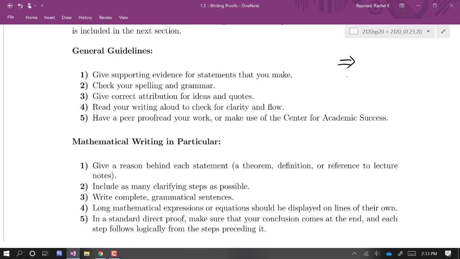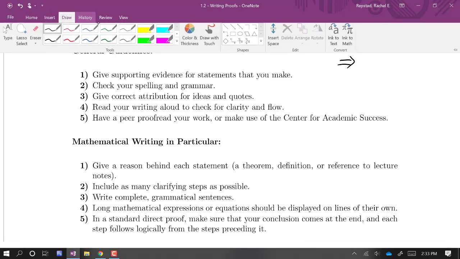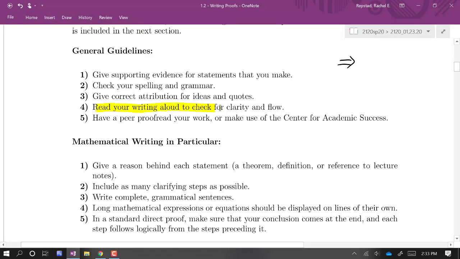I always tell people this, and I don't know if people ever do this, because I often still get assignments where things like sentences just don't make sense syntactically. Like that's not a sentence. But read it out loud, actually out loud.